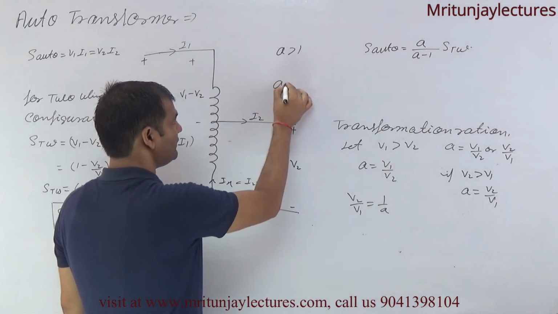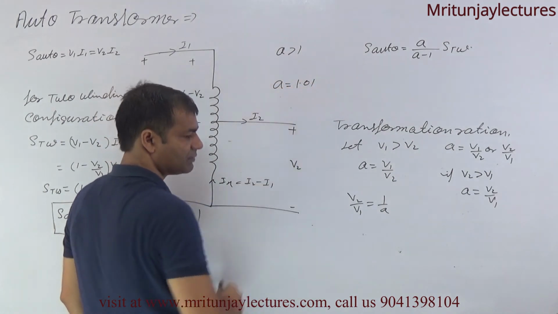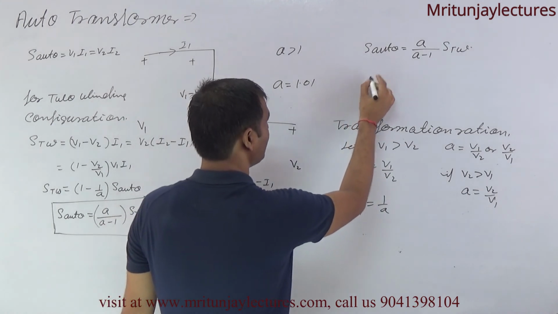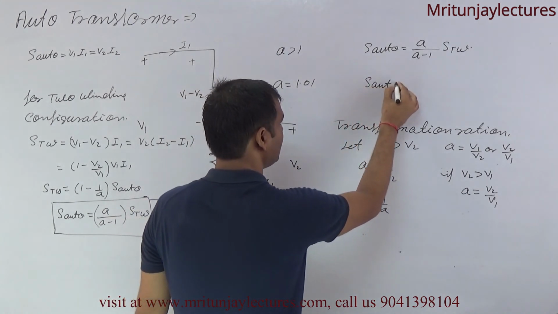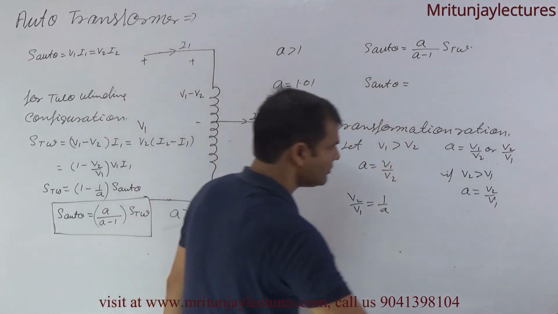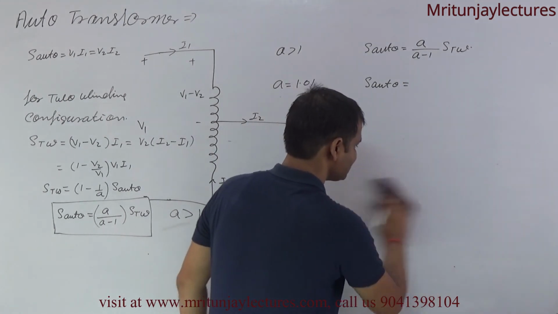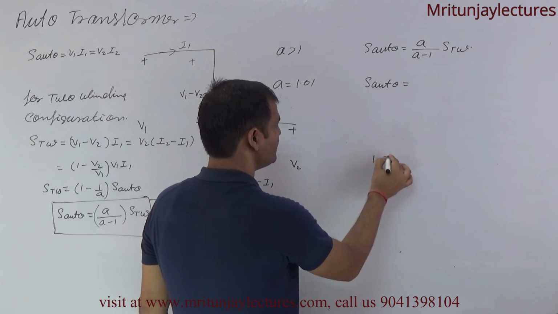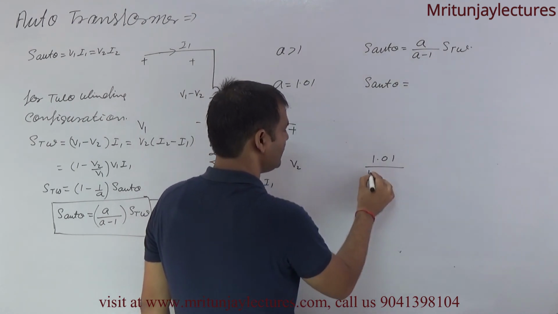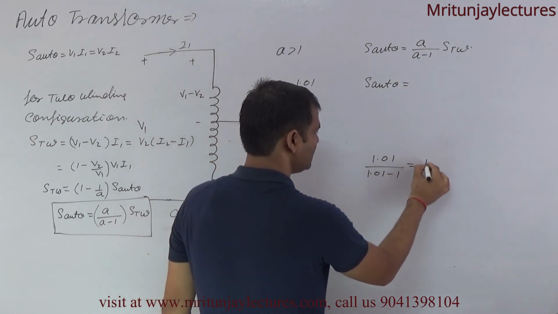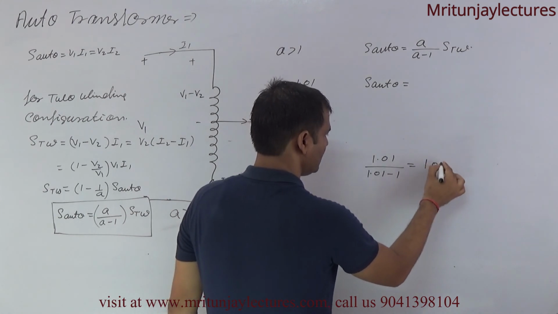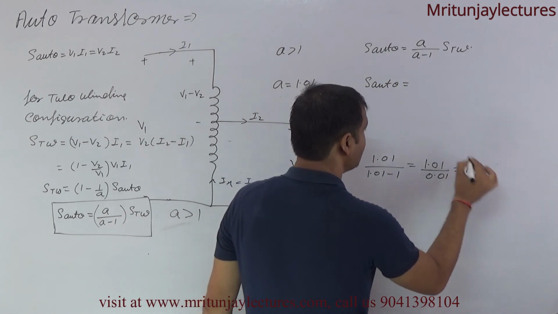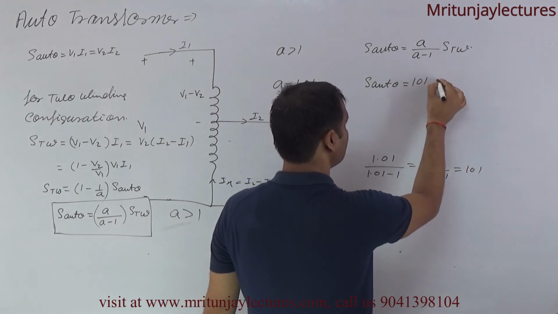Now if A is 1.01, what about S auto? S auto will be equal to 1.01 divided by 1.01 minus 1, that is 101 STW.